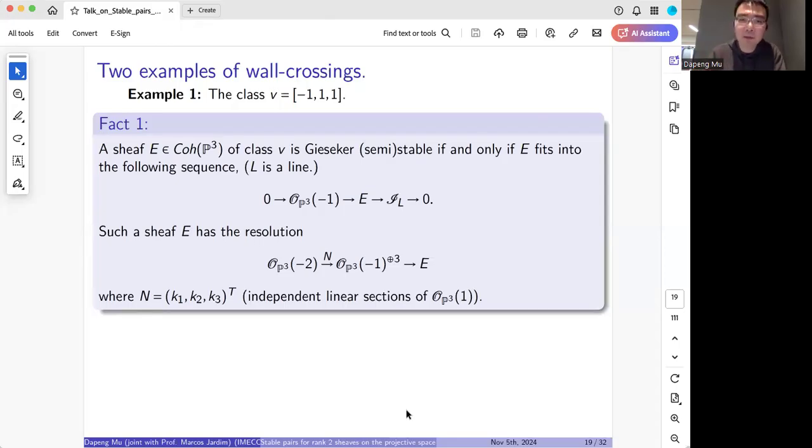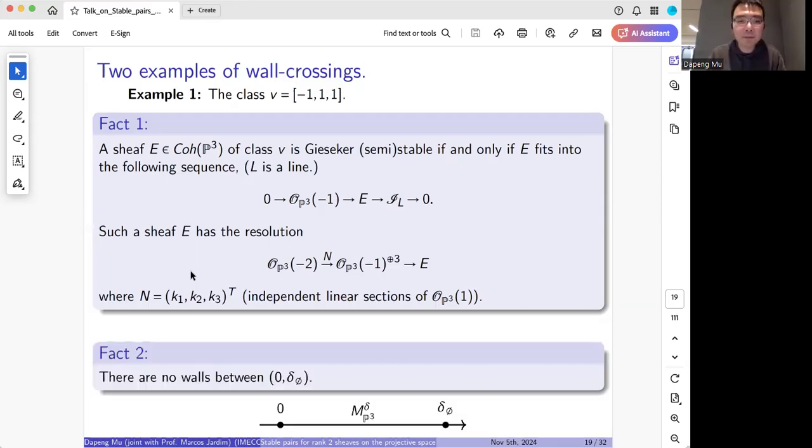The curve is a line, L, and the ideal sheaf of L. We also know that such a stable sheaf has the following resolution, where N is a 3x1 matrix. The entries are some linear sections of O(1), and these three are linearly independent. So this is a description of Gieseker semi-stable sheaves.